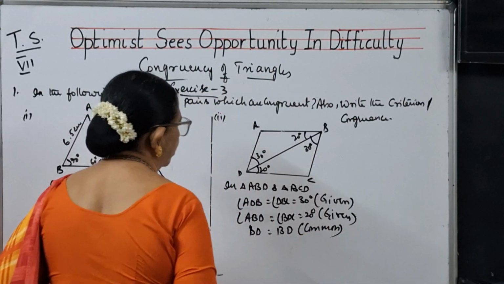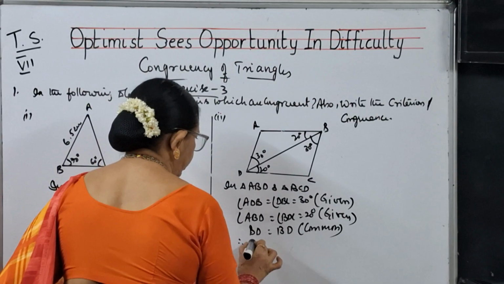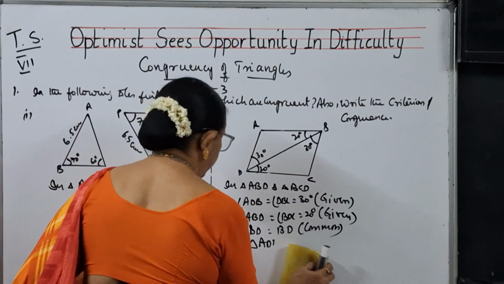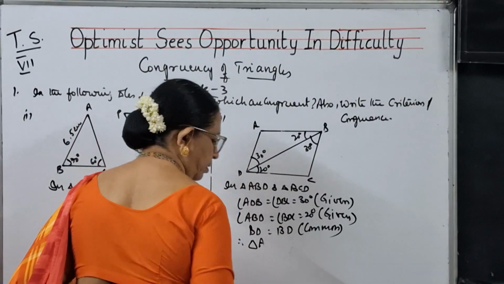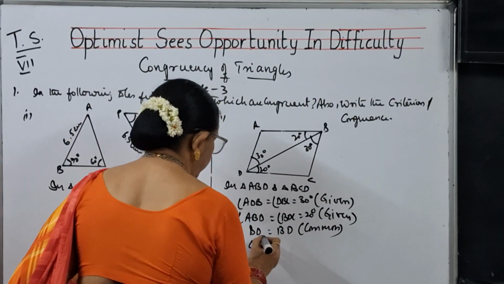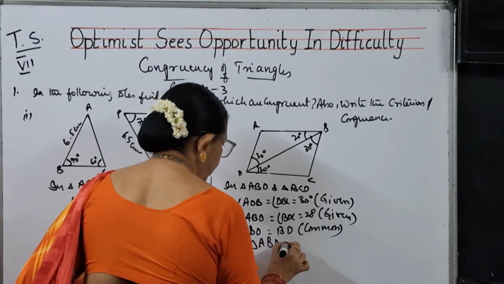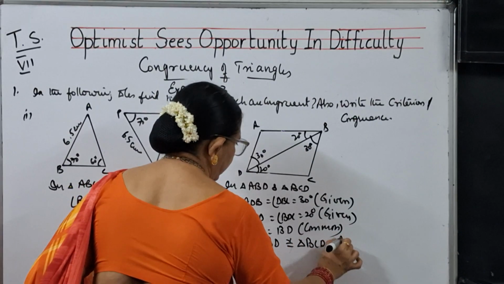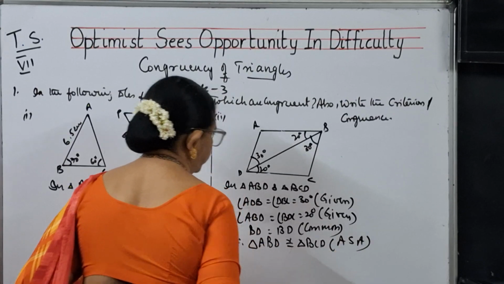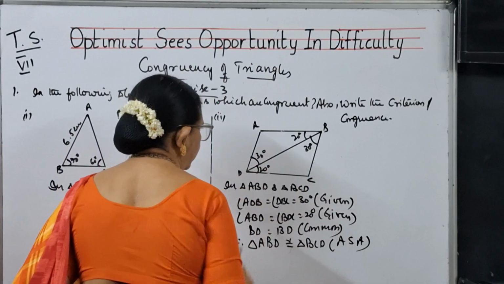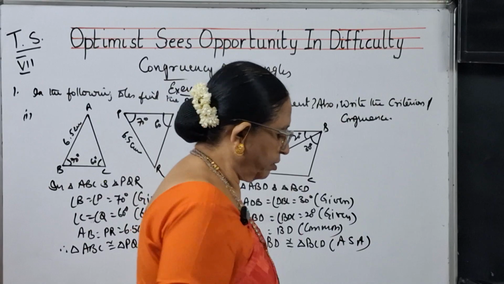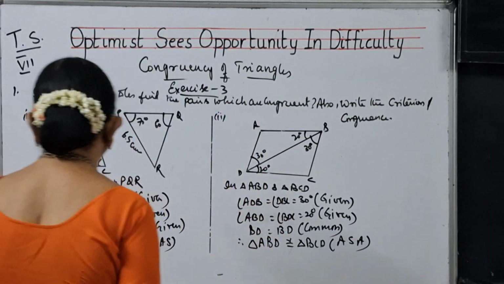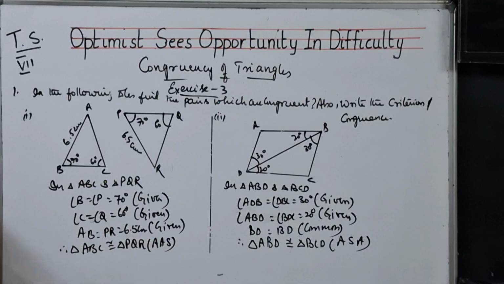Both of them are having a common side. Therefore, triangle ABD is congruent to triangle BCD basing on angle side angle property, because the side is included between two equal angles. So we will be calling it angle side angle property. Please note it down.